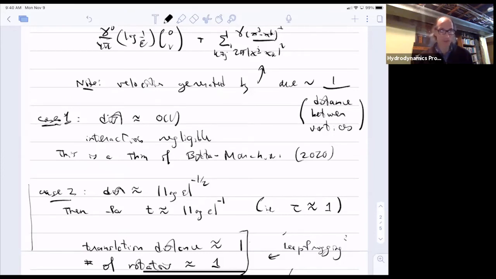Leapfrogging is again a combination of this translational motion and some interaction on time scales in which you can see both phenomena doing something non-trivial. Anyway, that's just hard for reasons that we discussed after the end of the hour last time.